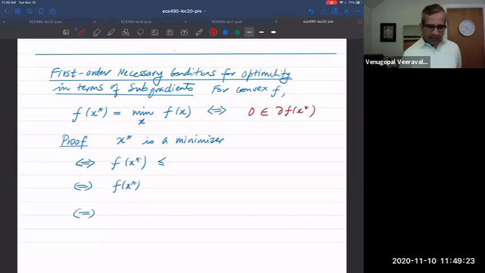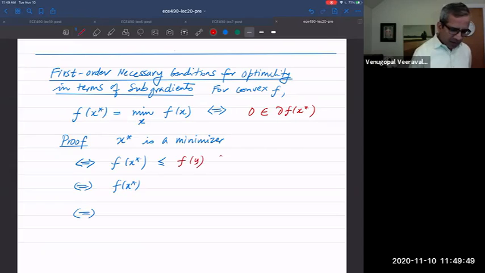The proof follows the same lines as the proof for convex functions that the minimum satisfies gradient equal to 0. If x star is a minimizer of f, then f at x star must be less than or equal to f of y for all y belonging to R^n.